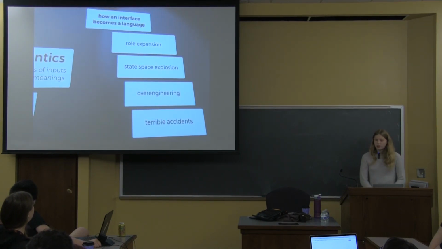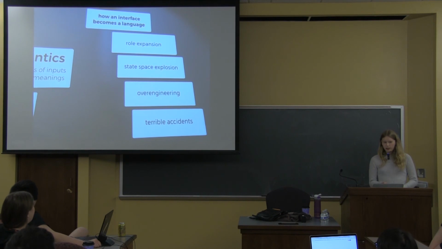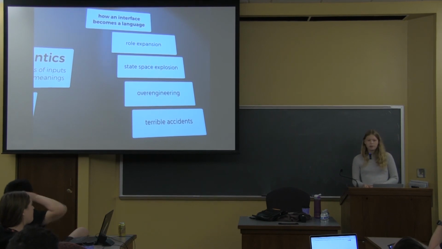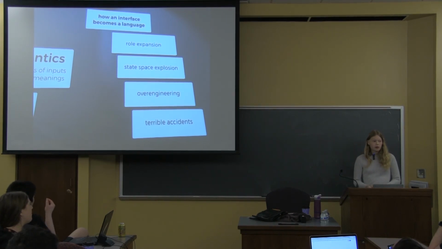There are lots of ways a simple interface can become language-like and grow in complexity. The most common is just that the role of the interface expands. As new features are added to some interface or configuration file format, it grows in semantic complexity and starts to more and more approximate a language, as well as its effects over the external program that it operates with increase.